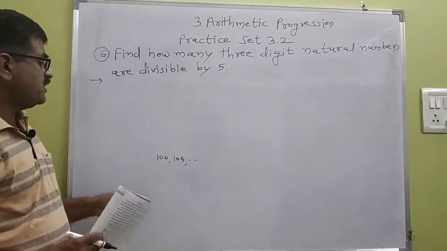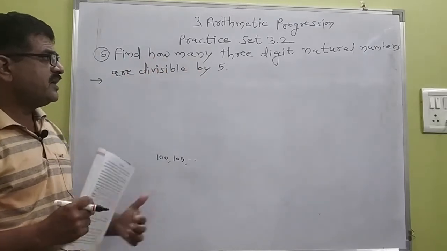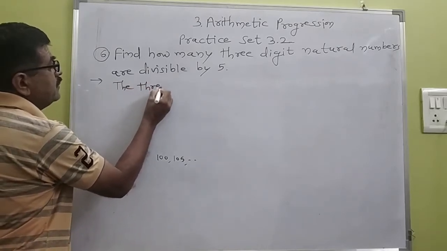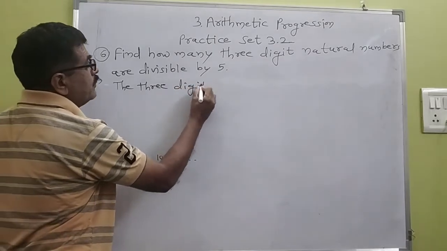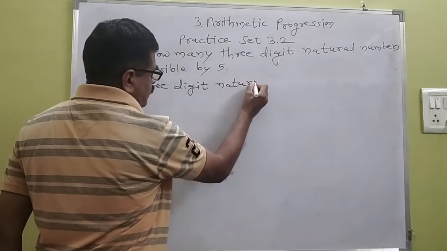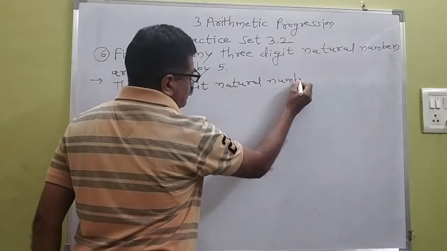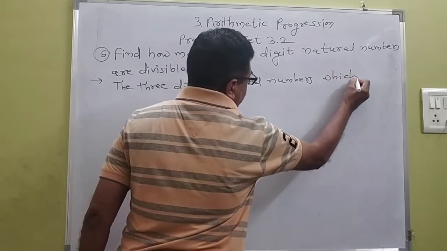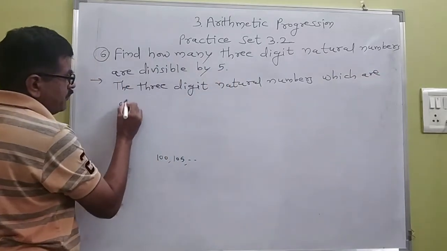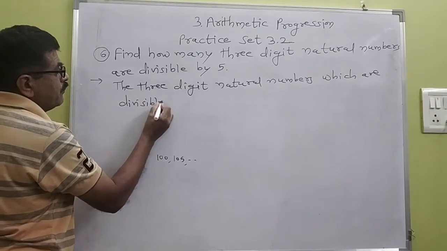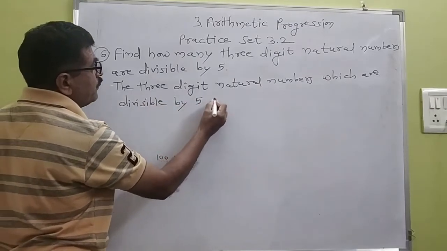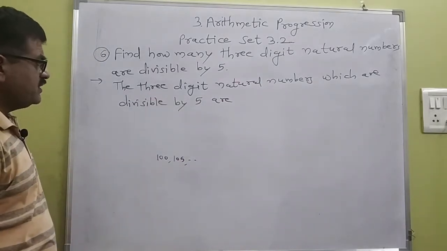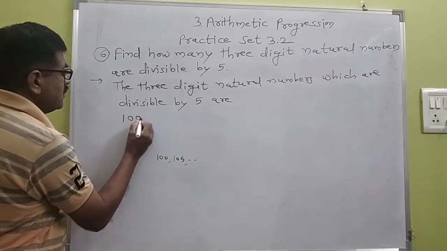For this, first write down: the 3-digit natural numbers which are divisible by 5 are, first 100.